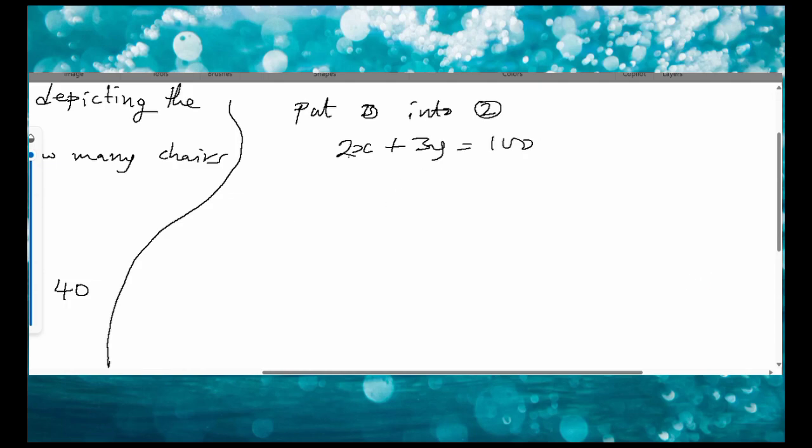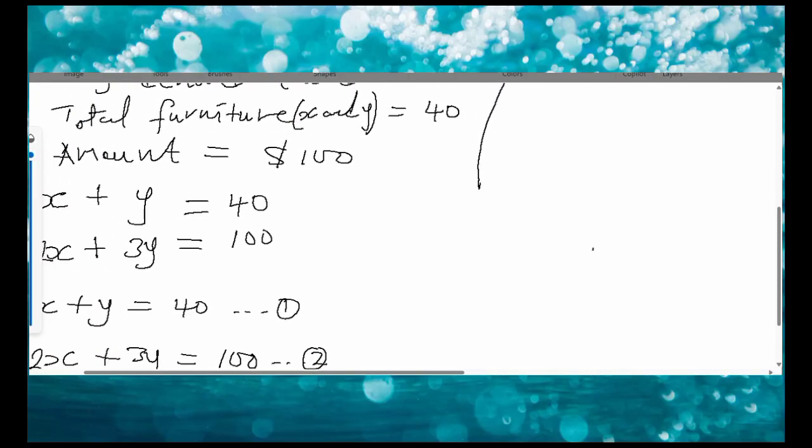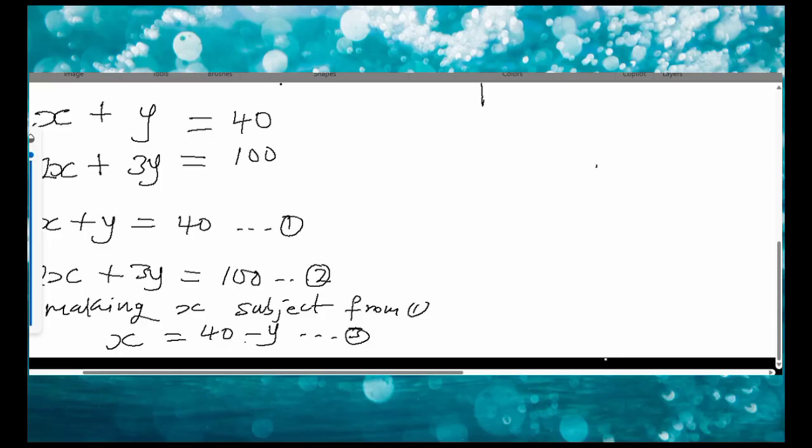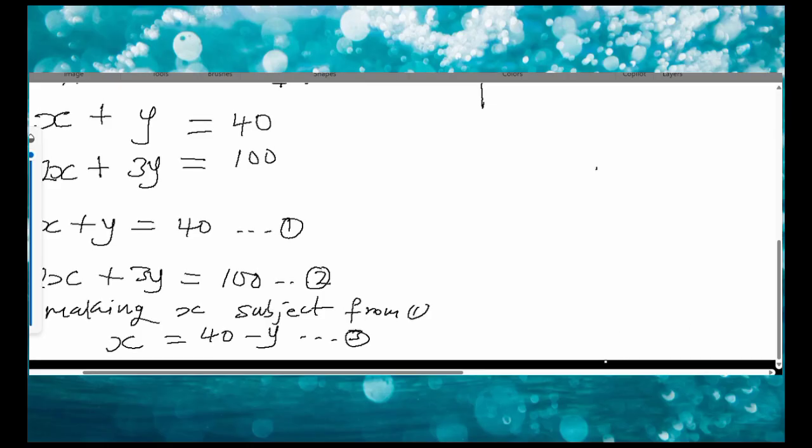So wherever we see x in this equation 2, in place of x, we're going to write 40 minus y. Wherever we see x, x is equal to 40 minus y, right?